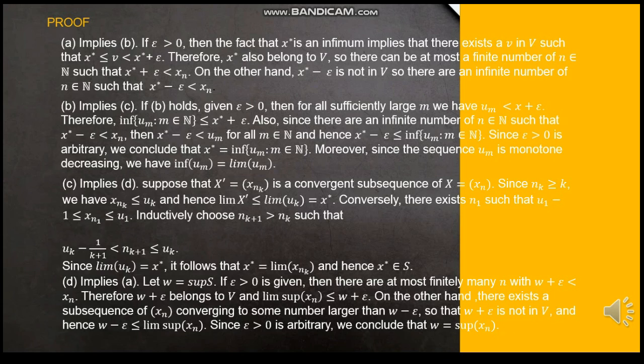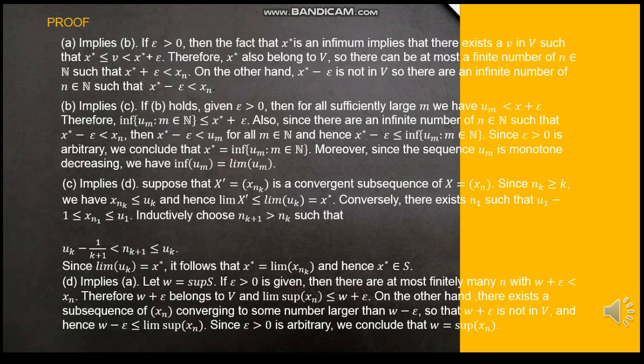D implies A. Let W equals supremum S. If epsilon greater than 0 is given, then there are at most finitely many n with W plus epsilon less than xn. Therefore, W plus epsilon belongs to big V and limit supremum xn less than or equals W plus epsilon.